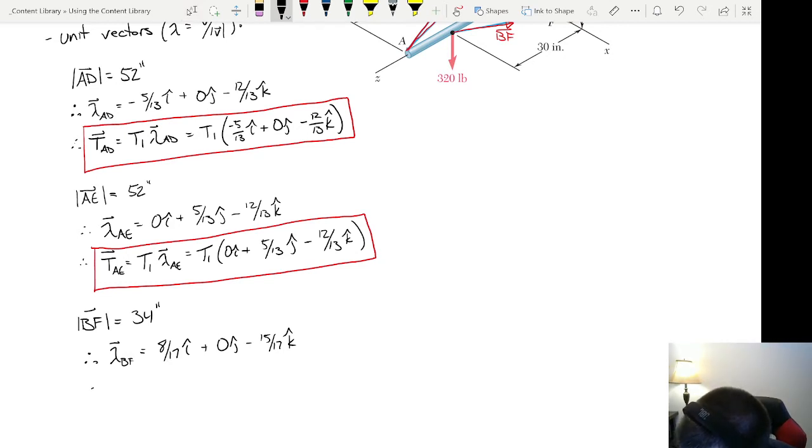So therefore, TBF is T2 lambda BF, which is T2 times 8 over 17 i plus 0j minus 15 over 17 k. Oh, gotta put that in the parentheses.